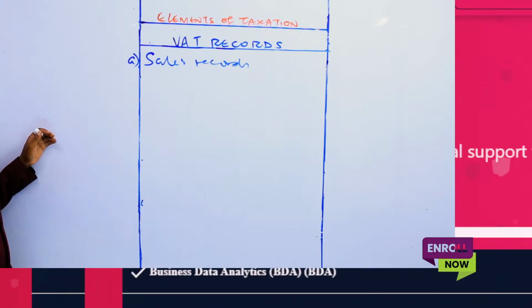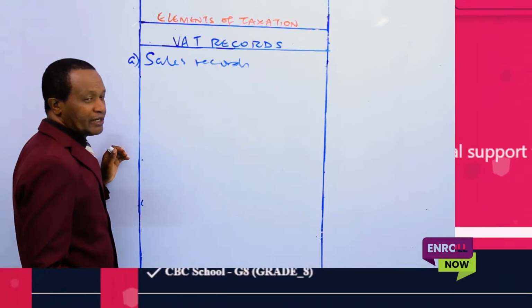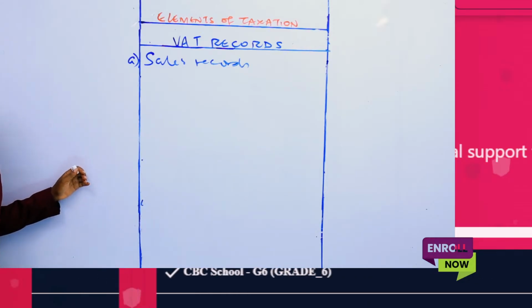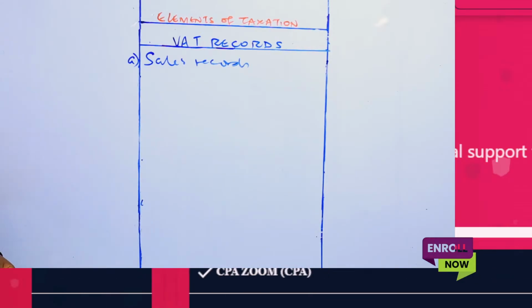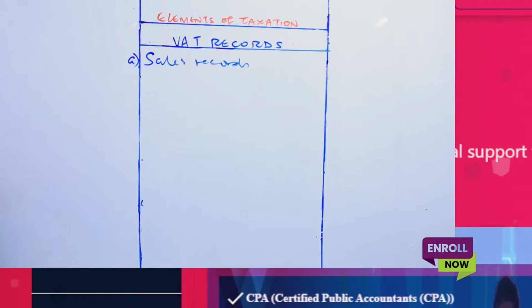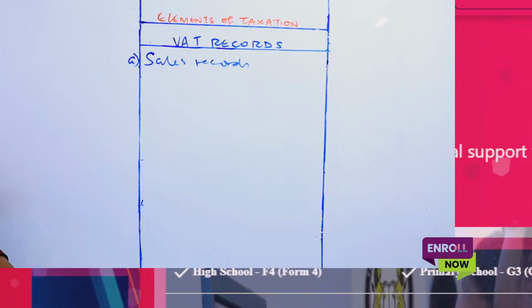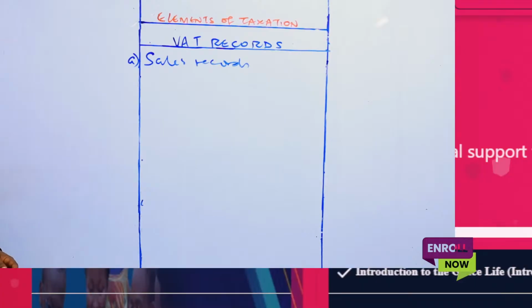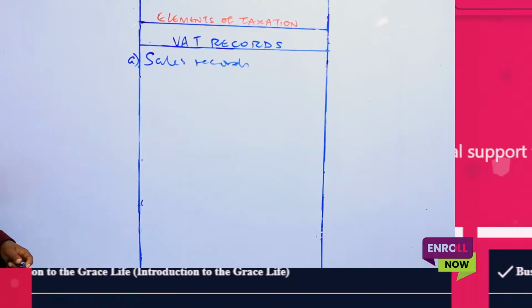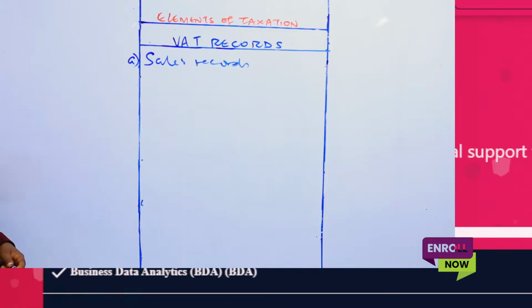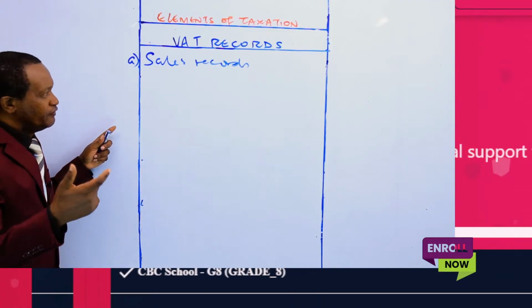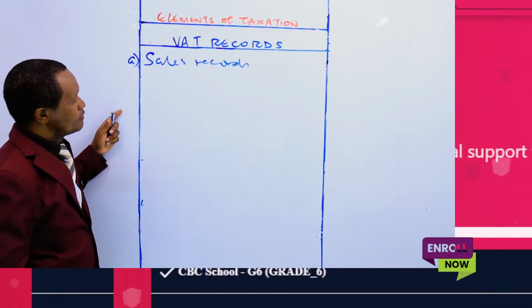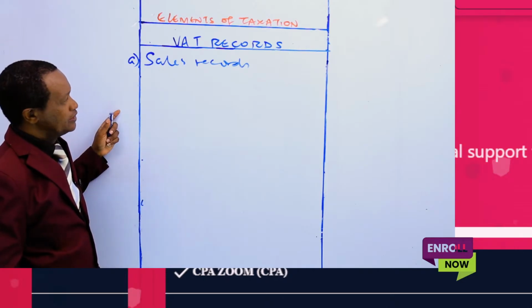And these invoices ought to be serially numbered. We may also have copies of serially numbered credit notes, serially numbered debit notes, and records of supplies to privileged persons or institutions showing reason for 0% VAT. You understand? The sales records.